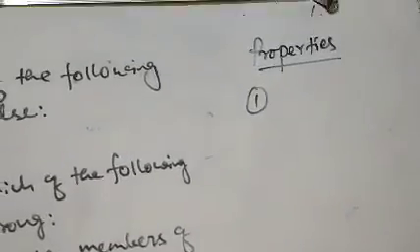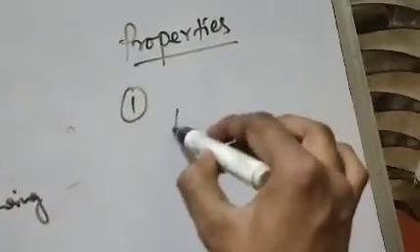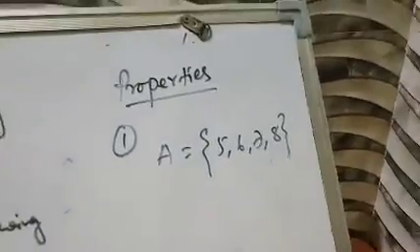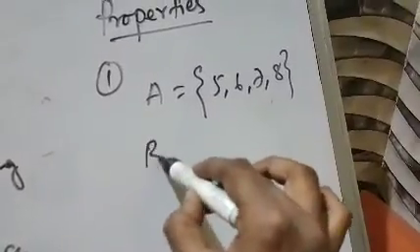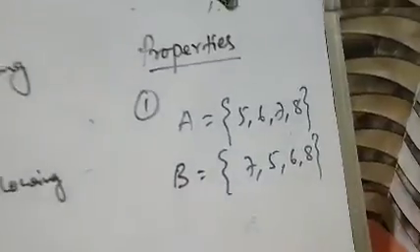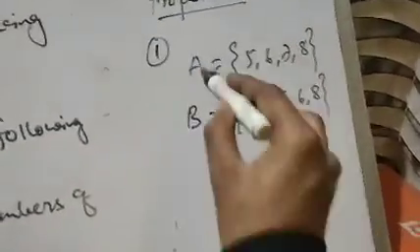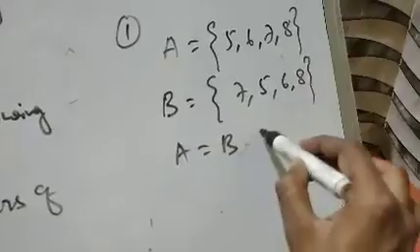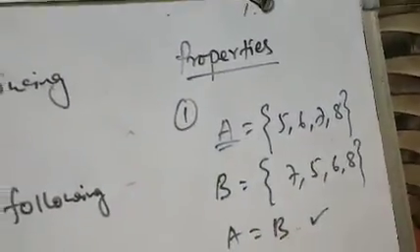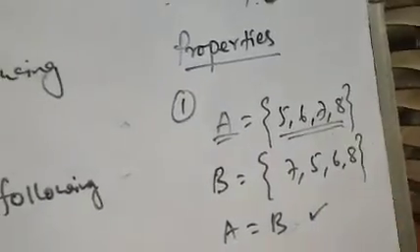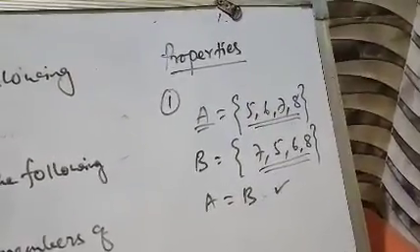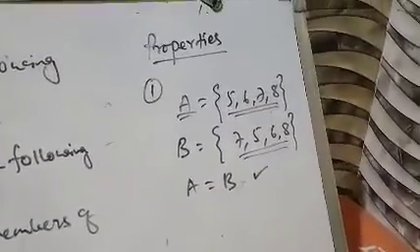Suppose there is an example. Suppose we write a set A, that is 5, 6, 7, 8. And another set, let's take B. This set is 7, 5, 6, 8. Now see, both set A and set B are equal, they are the same. The only difference is that the order of writing the elements in set A and set B is not the same.